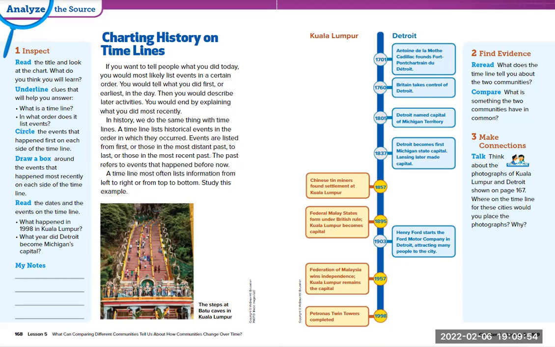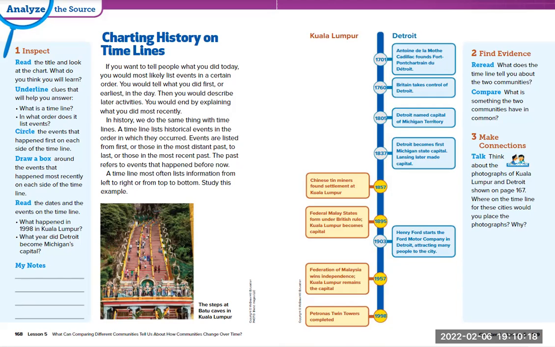Detroit is in Michigan, and that's where the automobile factory was. So on the other side, you have Kuala Lumpur, and you can see that some things happened earlier in Detroit and they're at the top, and some things happened later in Detroit and they're at the bottom. And then on this same timeline, you have things that happened in Kuala Lumpur.